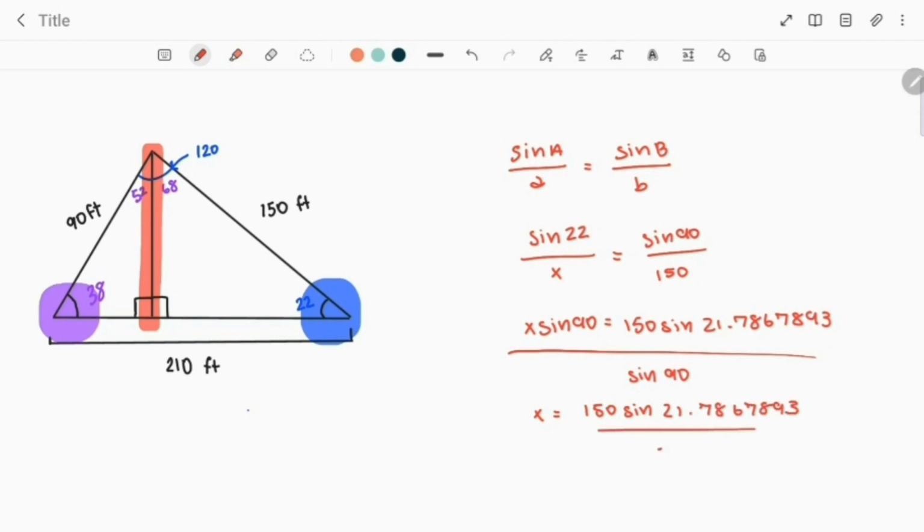Then we get that x is equal to 55.67306168, which we're going to round to 56. And to get our final height of the rocket, we're going to add 5 to that entire value, and we get 60.67306168. And we added 5 since each astronaut is 5 feet tall, and we get that the final height of the rocket is 61 feet.